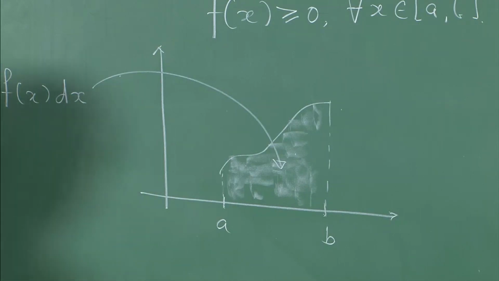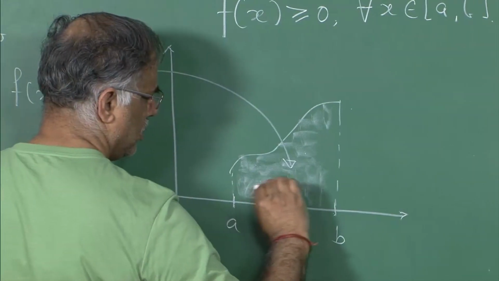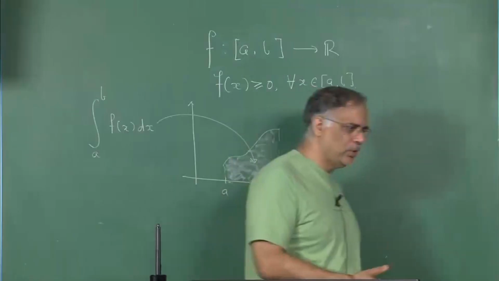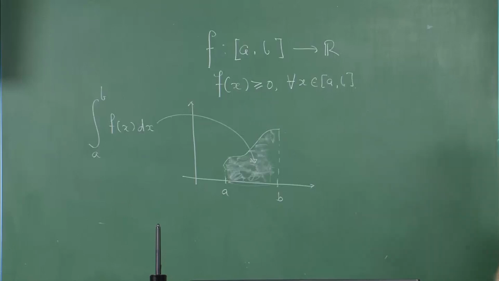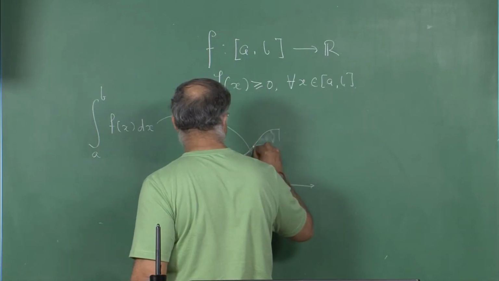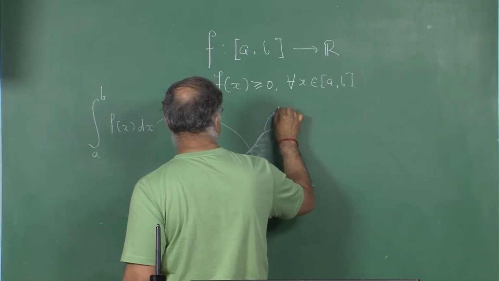But when you want to find something more, say a volume, so when you come to higher dimension, 3 dimensions, here this curve is representing the graph of the function y equal to f(x).